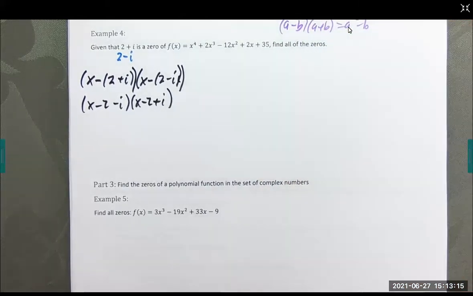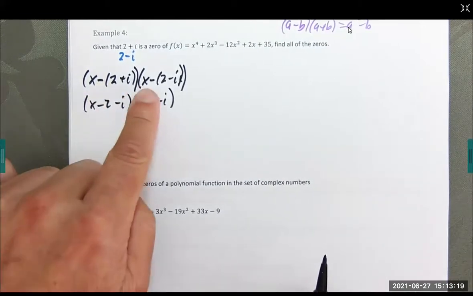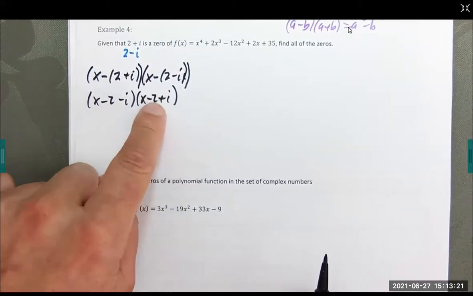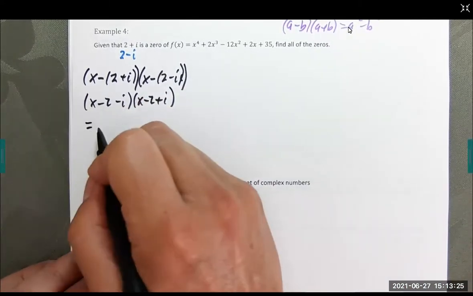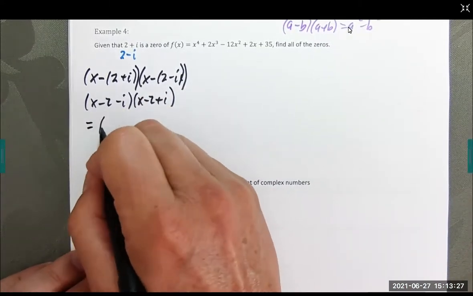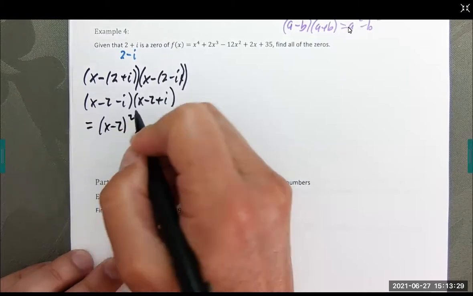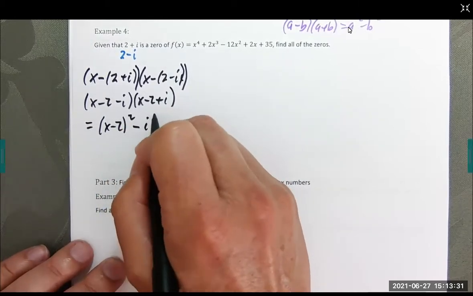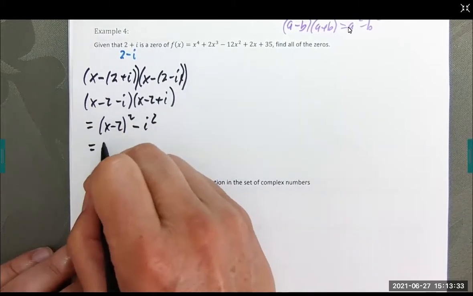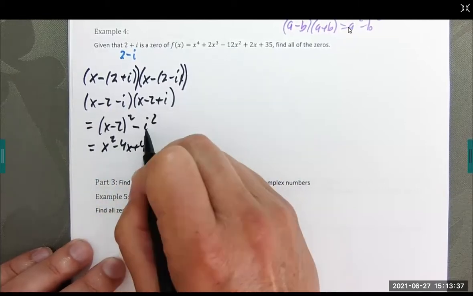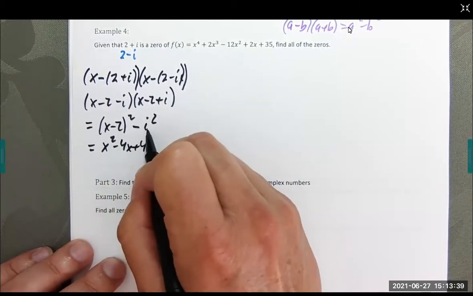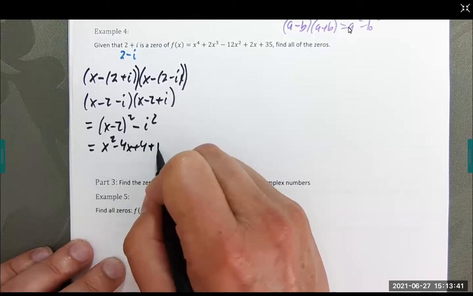I'm going to be viewing A as the x minus 2, and then minus and plus, you can see the conjugates there, of i. So this is going to FOIL into x minus 2 squared minus i squared. And remember, i squared is negative 1, so the negative becomes positive 1.